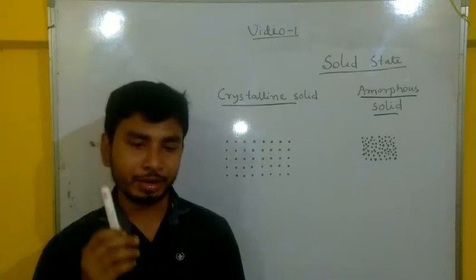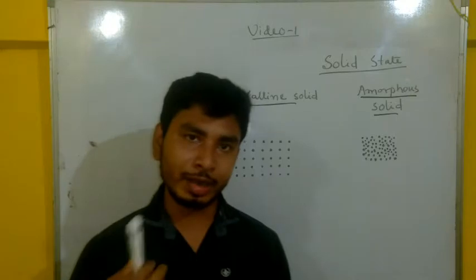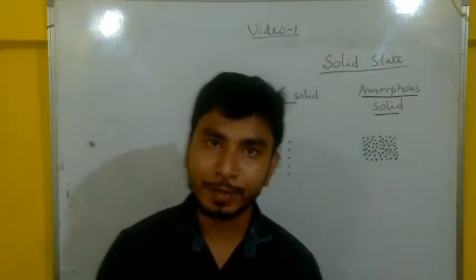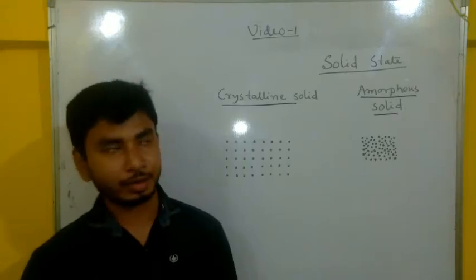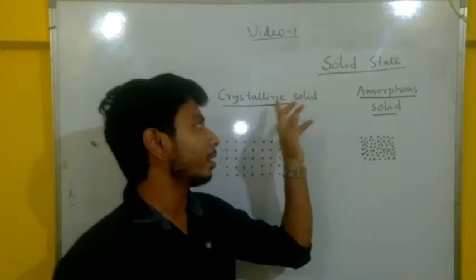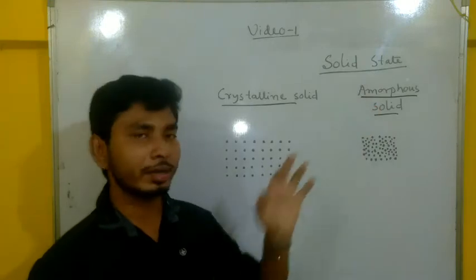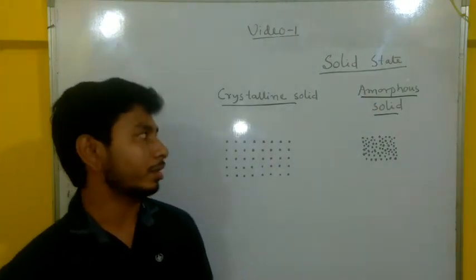Any substance, whether solid, liquid or gas, is made up of some particles. So crystalline solid is made up of particles, and amorphous solid is also made up of particles.